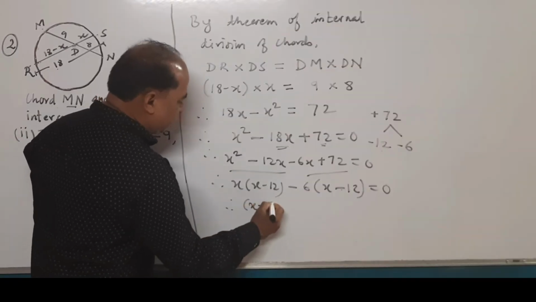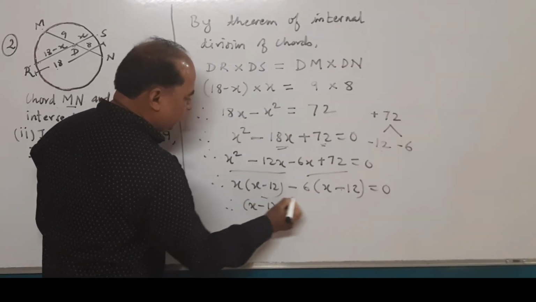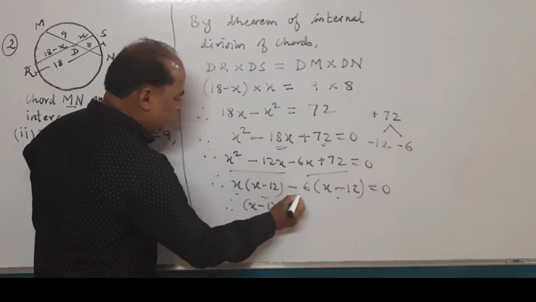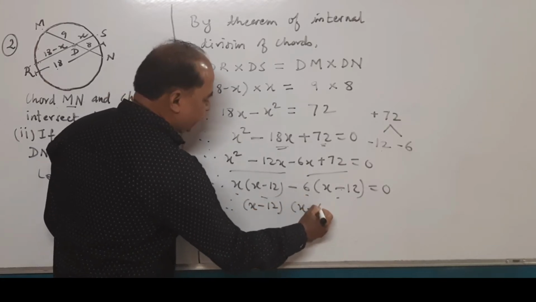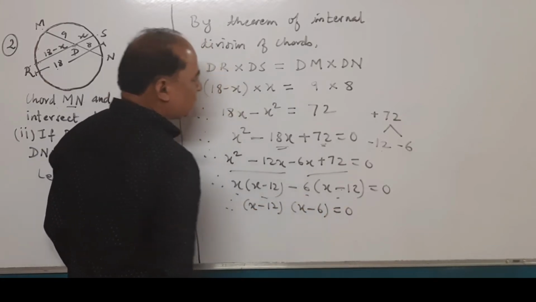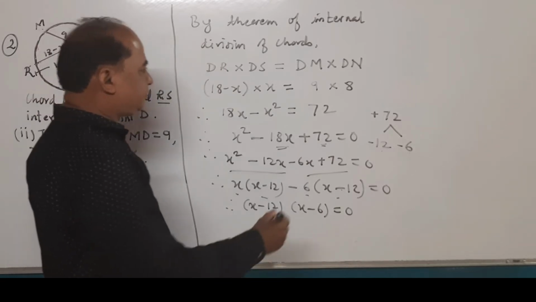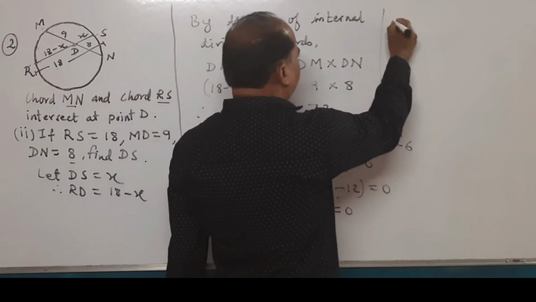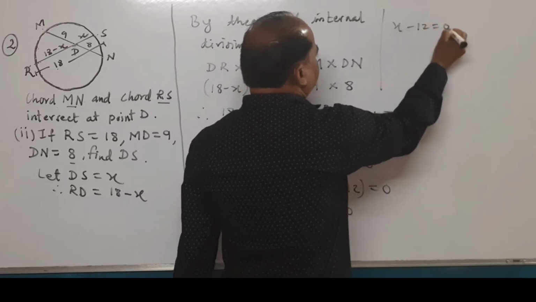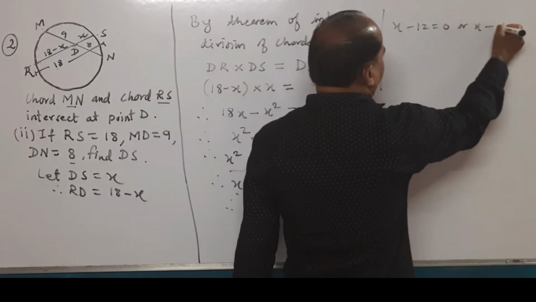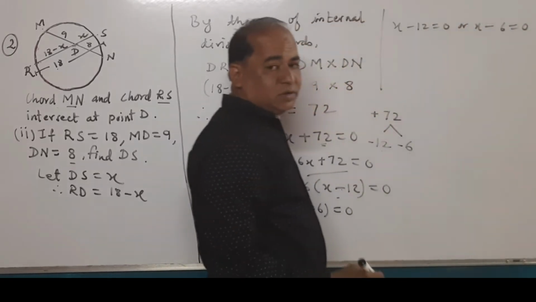Therefore x minus 12 is common in one bracket, and in the second bracket x minus 6, is equal to 0. Therefore you will get x minus 12 equal to 0 or x minus 6 is equal to 0.